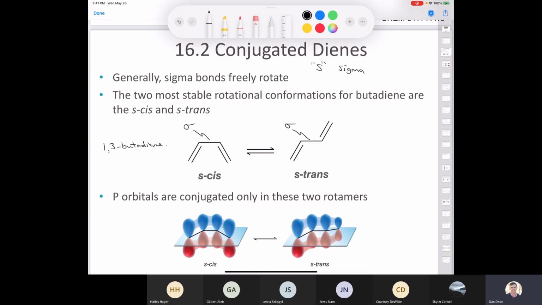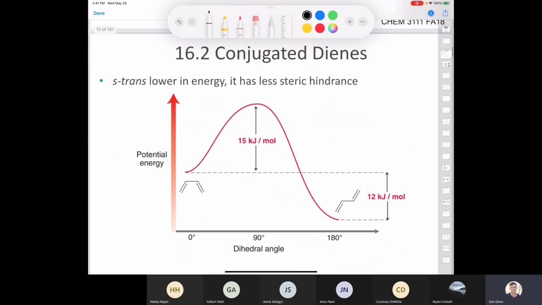We call them rotamers because they're conformers that result from the rotation of a sigma bond. Let's look at the relative energy of these two rotamers. The S-trans is lower in energy than the S-cis, because these two methylenes are farther away from each other.